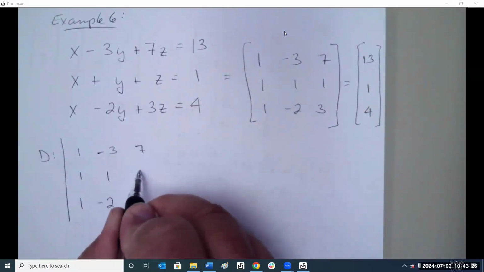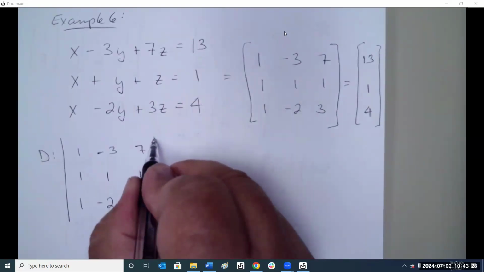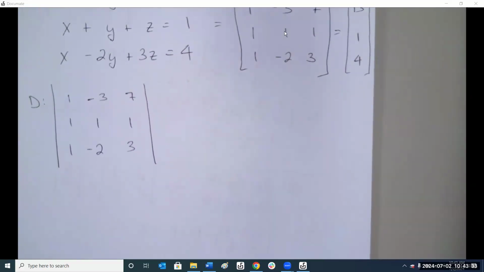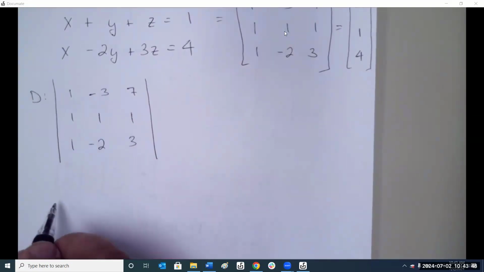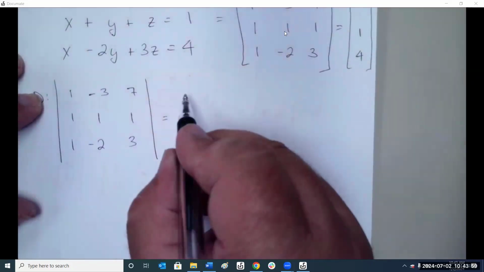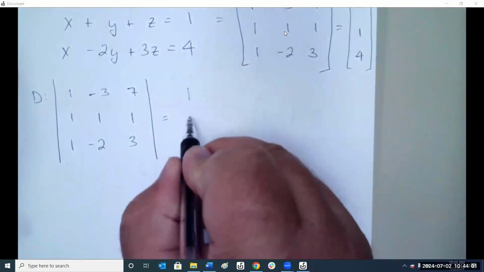Now, because we have more than a 2 by 2 matrix, the process here is a little bit different. No, that's if you're trying to find the resulting matrix. No, this is we're trying to find a determinant. So we take the same matrix without the symbols now, just put the numbers.